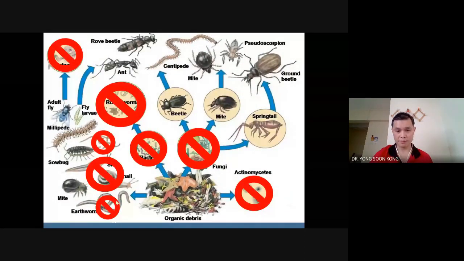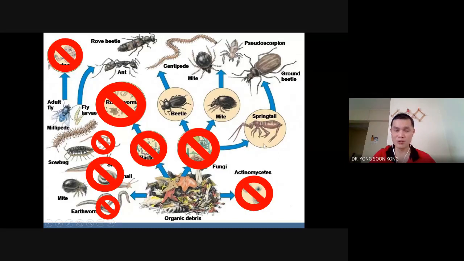As you can see right there, it starts with the organic debris. So these are the organic matter, large pieces of leaves and also dead animals, perhaps. Now, I already crossed out some of those that are not considered arthropods. They are very much soil organisms, but I crossed out those that are not considered arthropods. So whatever you consider arthropods, you can see right there.